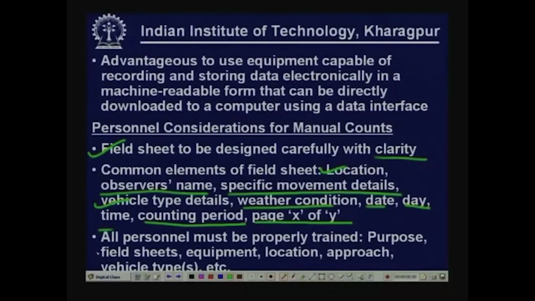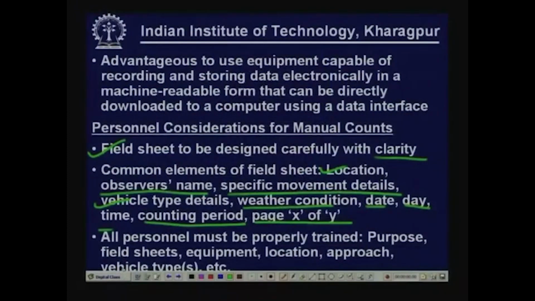The second important part is that all personnel must be properly trained, because it is the enumerators or field people who are going to record the data. So, they must be trained properly. They should understand each and every column and each and every piece of information in the field sheet which is to be recorded in the field.